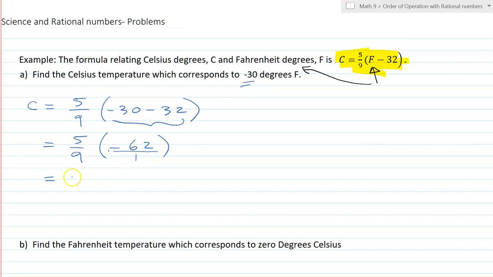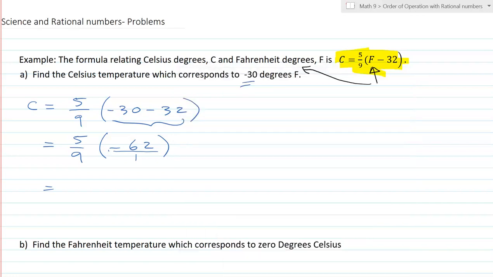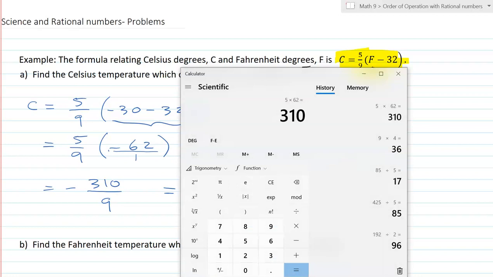And now you can just go ahead and multiply 5 by 62, and if you want to use a calculator, that's 310, so it would be negative 310 over 9. To get it exact, you have to use a calculator.